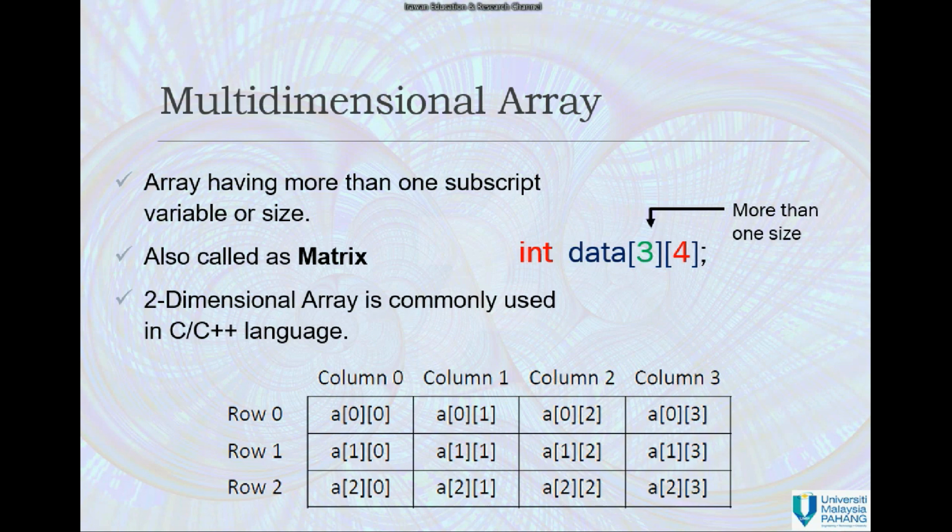Okay, so back to the topic: the two-dimensional array is commonly used in C and C++ coding. It has rows and columns, like a mathematical matrix definition, and the data is stored at each coordinate of the matrix, as you can see here.